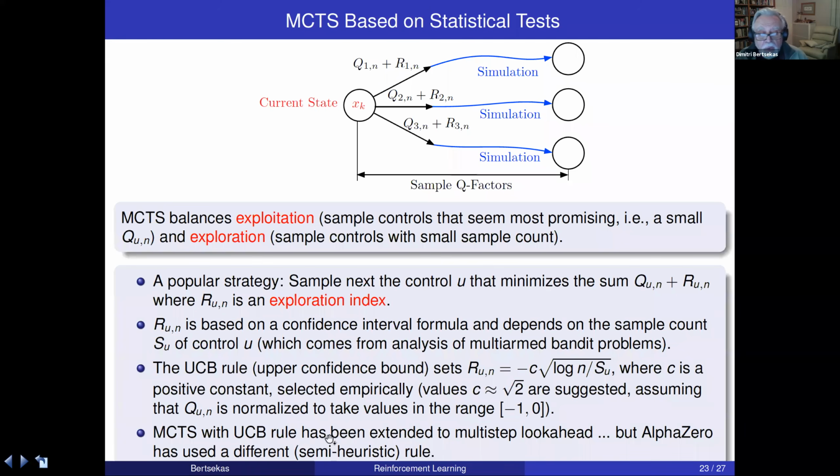There's another rule called UCT, upper confidence tree bound, something like that. However, AlphaZero uses Monte Carlo tree search and does not use any of these. It uses something different, again based on heuristics, semi-heuristics, some things that make sense, some that are kind of voodoo, mysterious.